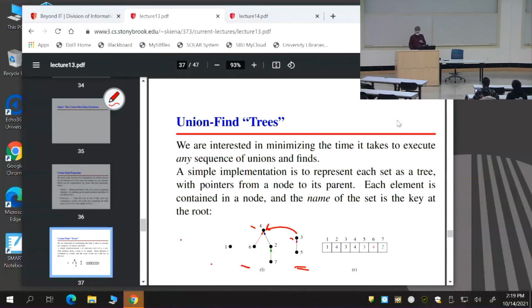Any questions? Now here's a question. If I decide I want to merge 4 with 3, am I better off having 4 point to 3 or 3 point to 2?